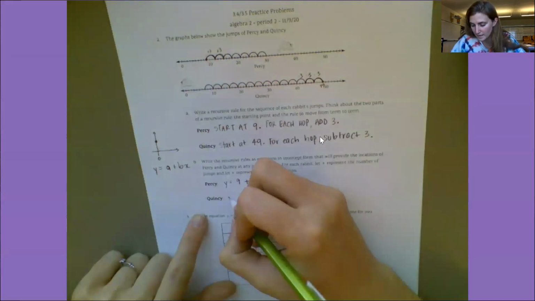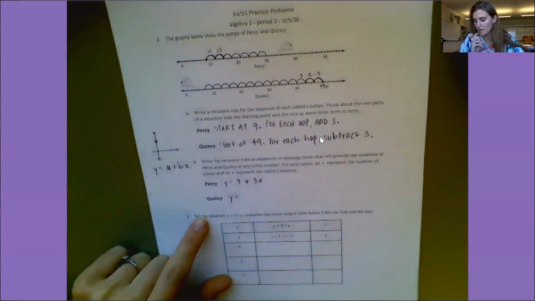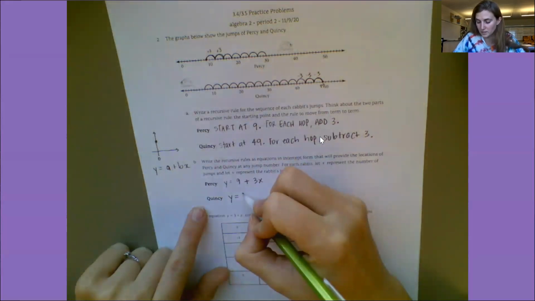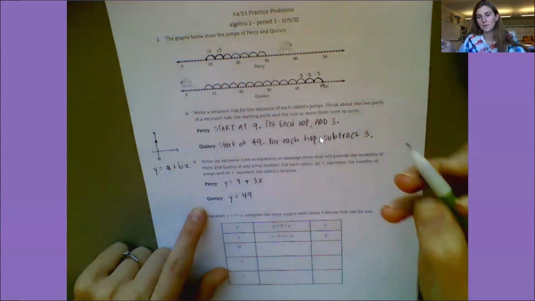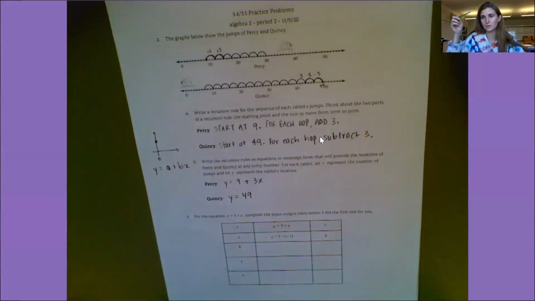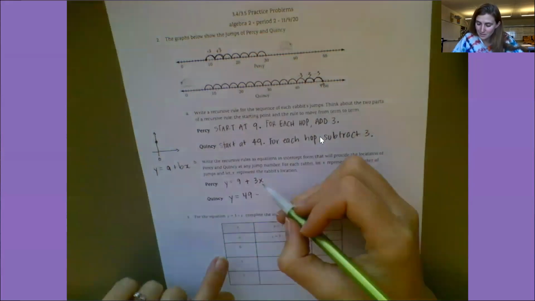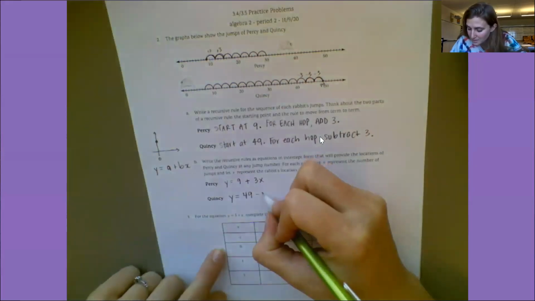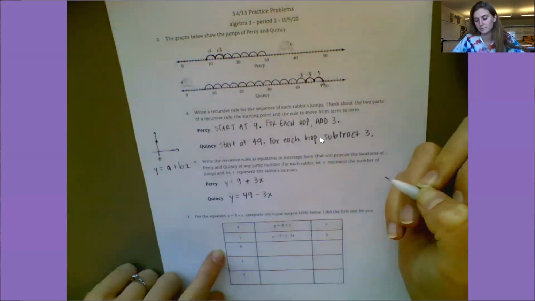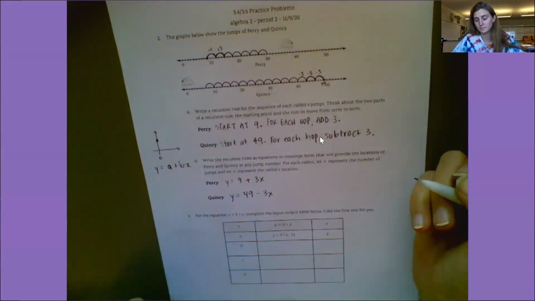Now for Quincy, again, I have y equals, and his starting point is 49. He's going back the opposite way. The numbers are getting smaller and smaller. So I know I need to subtract, but it's still that same 3x, minus 3x. And those are my equations.